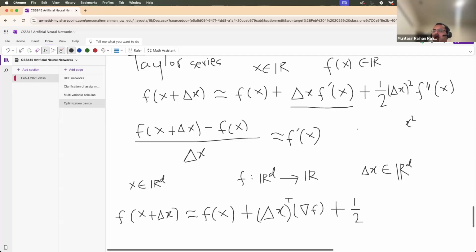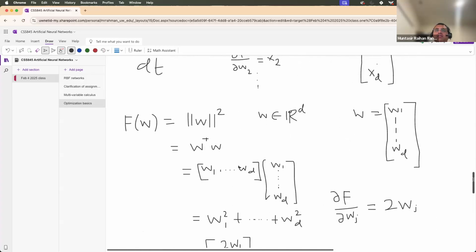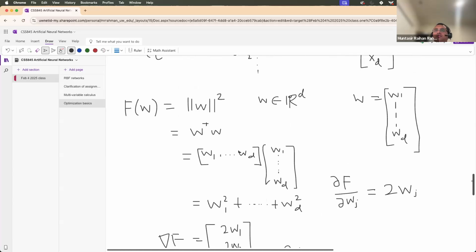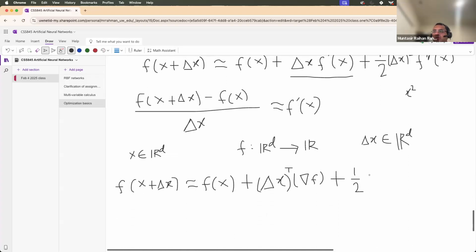If you have a vector and you want to think of squaring it, what would you do? You can look at some hints over here. If you take a vector and take an inner product, or a dot product, with itself, then you can get something like a square. So we can do something similar like that.